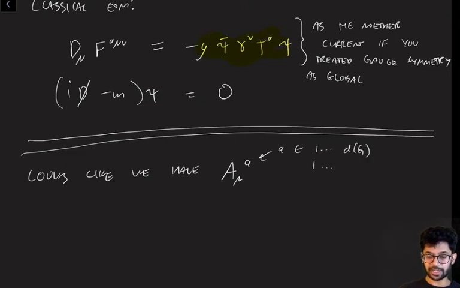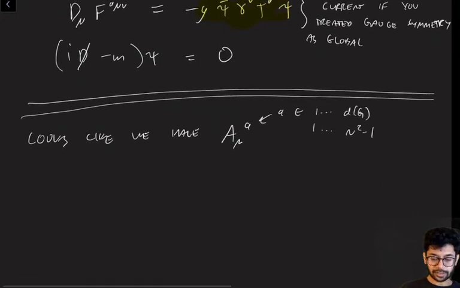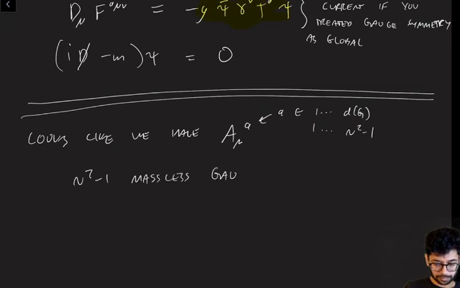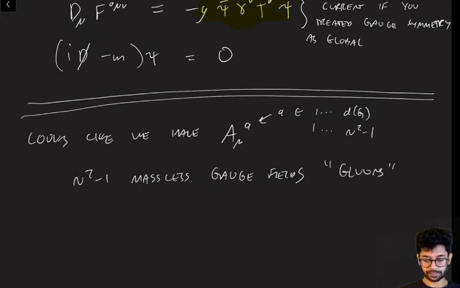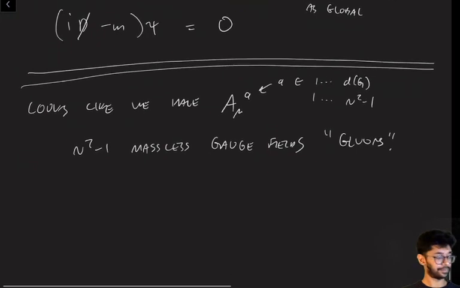If we had SU(N), it runs from 1 up to n squared minus 1. So it looks like we have n squared minus 1 massless gauge fields. In the non-abelian context, these gauge fields are usually called gluons. Looks like we have n squared minus 1 massless gluons, one of them for each Lie algebra element in the theory.